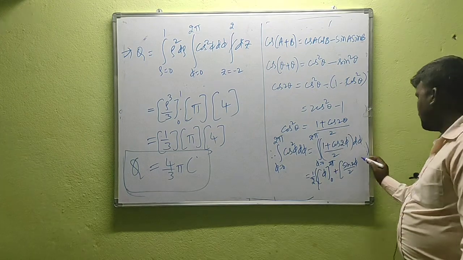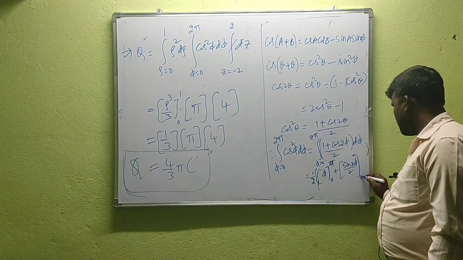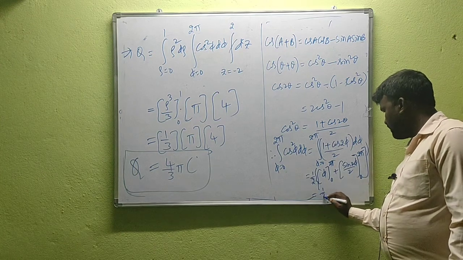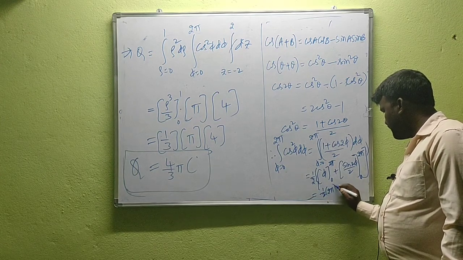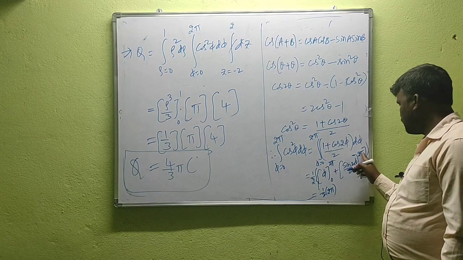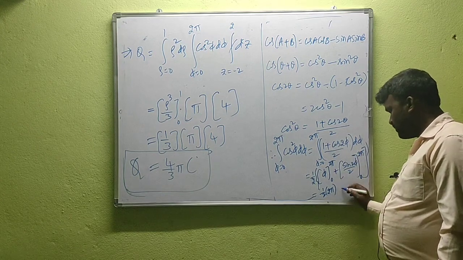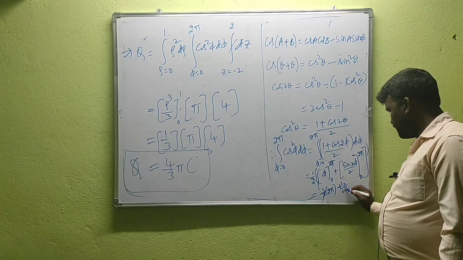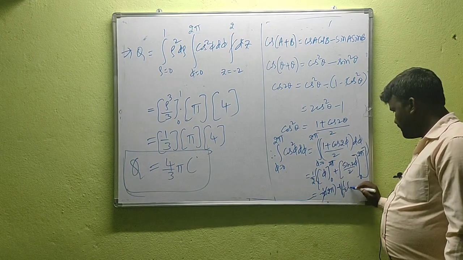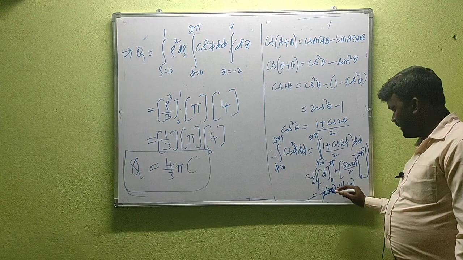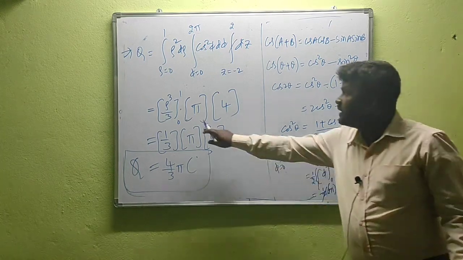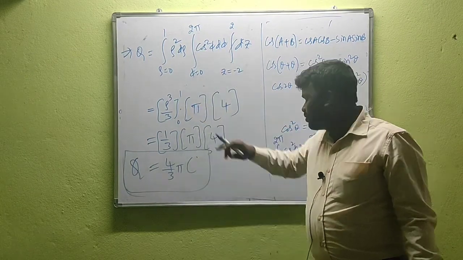Now with limits 0 to 2π, this is 1/2 times 2π, and sin 4π is 0, sin 0 is 0, so that is plus 0. So the 2 cancels. Finally we got this value as π. That's why the integral of cos²φ dφ equals π.